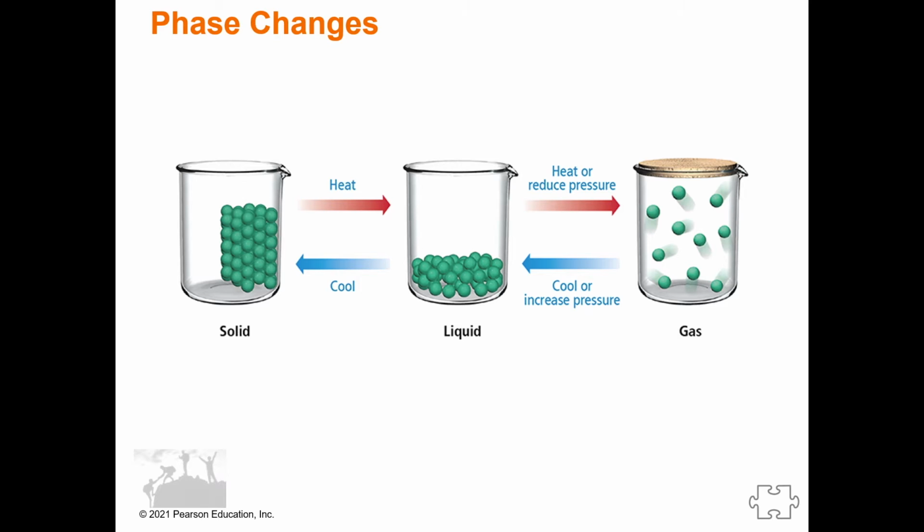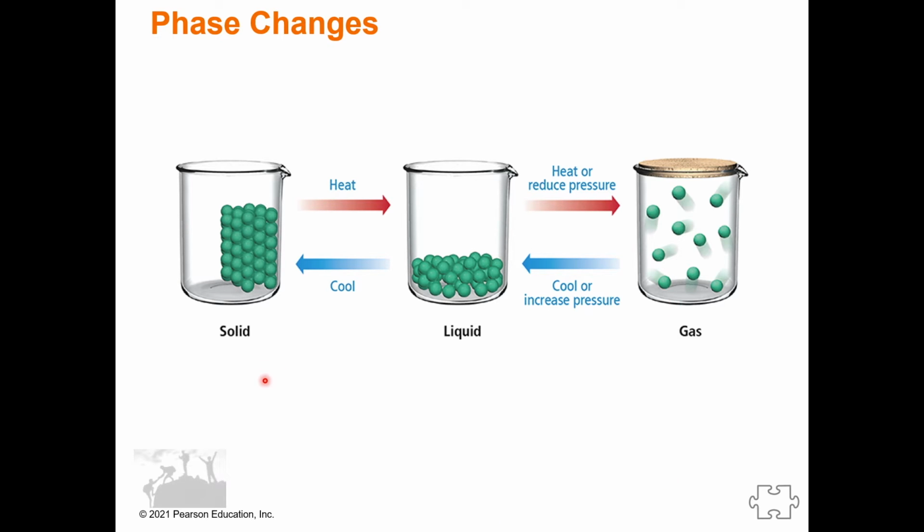If understanding phase changes and how enthalpy is involved is too confusing to you, then draw a very basic picture like this to help you understand. So pretend that the substance that we have in these three beakers is H2O. So we have ice, water, and water vapor.